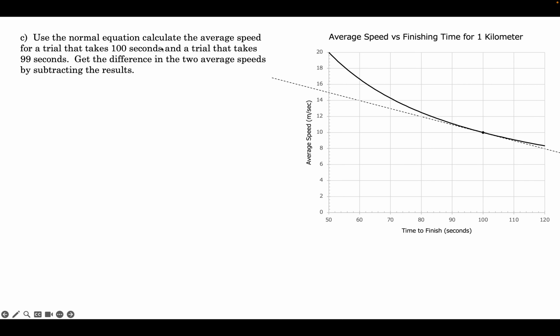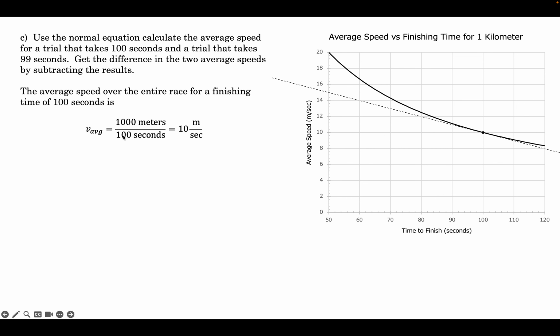Use the normal equation to calculate the average speed at 100 seconds and 99 seconds and then subtract them. So we're going to use the normal equation to get the difference. And this is the exact difference because the normal equation gives us the exact average speeds. If it takes you 100 seconds to go 1,000 meters, your average speed is 10 meters per second.